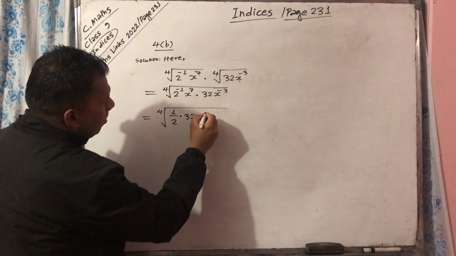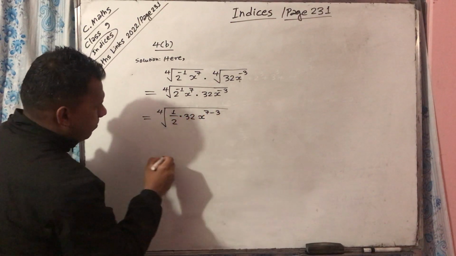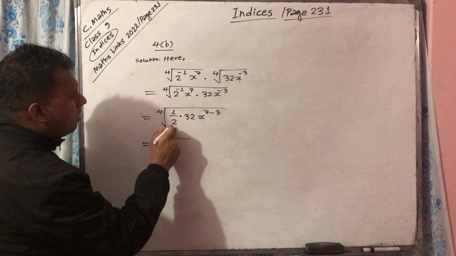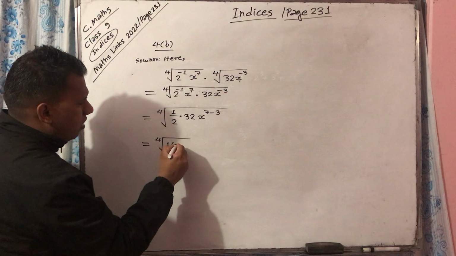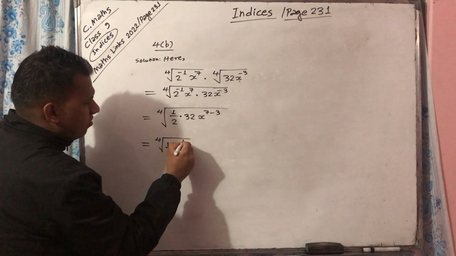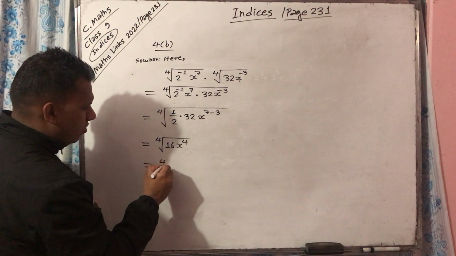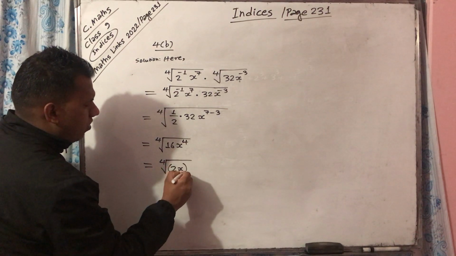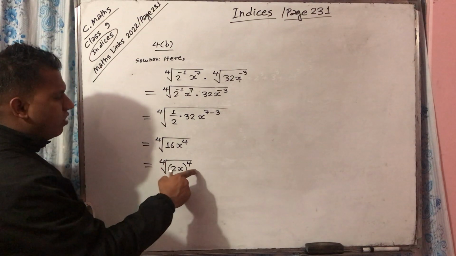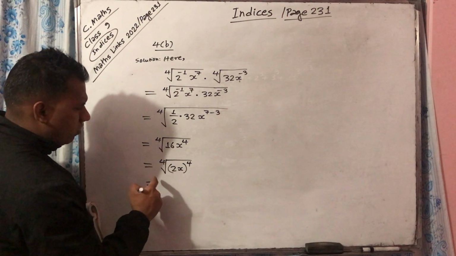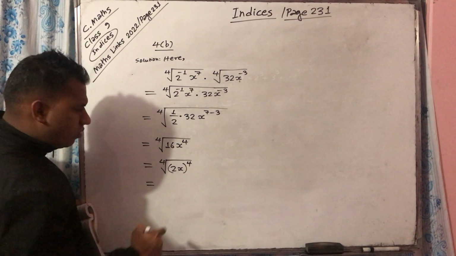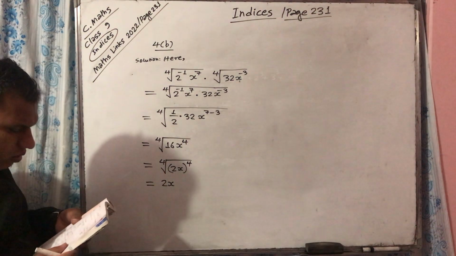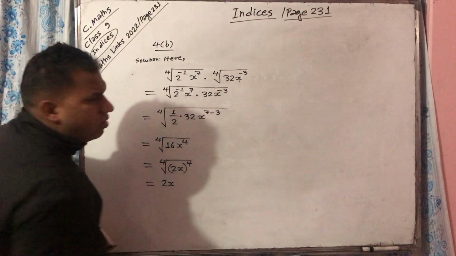Then x to the power 7 minus 3. Fourth root of 32 divided by 2, that is 16. X to the power 7 minus 3, that is 4, equal to fourth root of 2x whole power 4. Since 2 to the power 4 is 16, and the order is 4, power also 4, so this equals to 2x. Now we go to the next question, 4c.